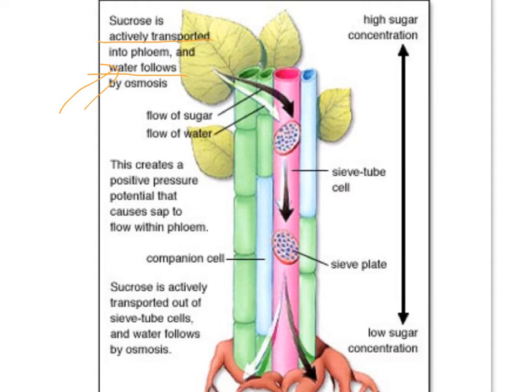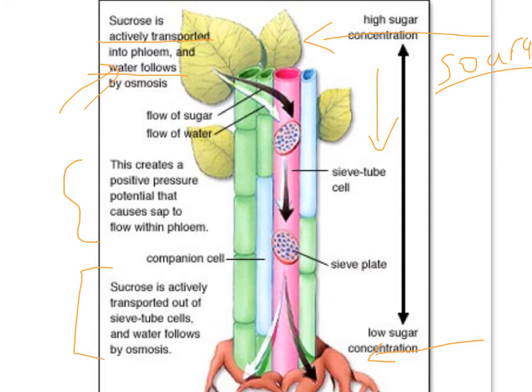So you have active transport of the sugar into the phloem and passive transport of water. As that water flows in, it pushes the sap. It creates a positive pressure potential that causes the sap to flow within the phloem. We call the leaves the source because that's where your sugar is in high concentration and is created. And when the sugar gets to cells that need it, where growth is happening, then we get to what's called a sink, somewhere that the sugar is needed.